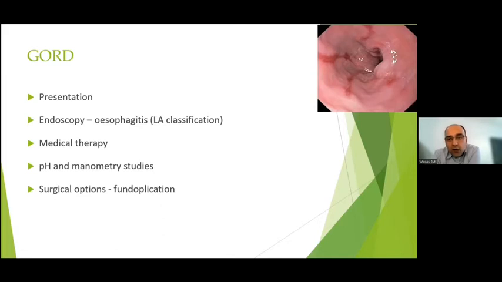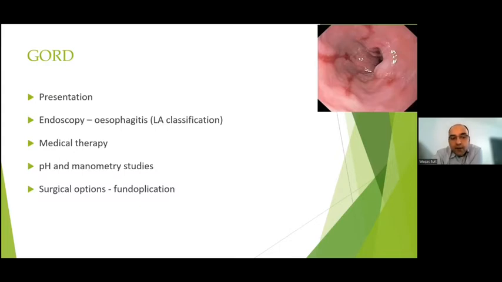And it also gives you a score, which is called the Demeester score. And the normal Demeester score is about 14. So generally, patients who have bad reflux would have a high Demeester score of 30, 40, or maybe even higher.